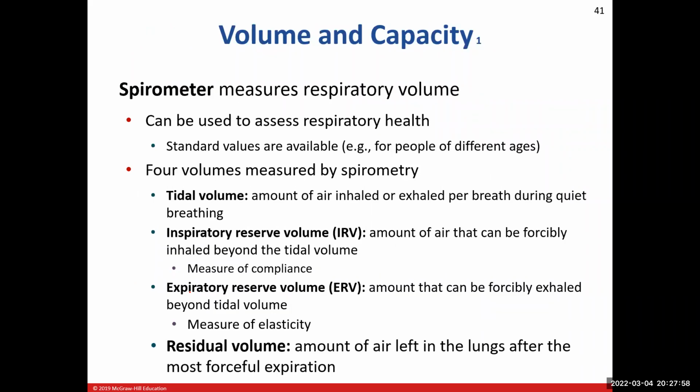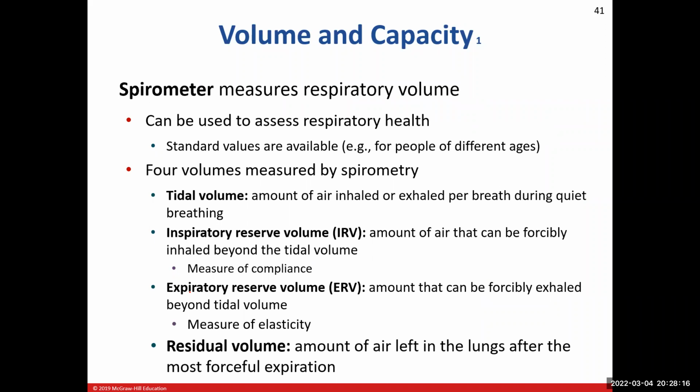All right, this brings me here to our spirometer. This is a fun device. Actually, that's me dripping sarcasm as I say that. I've had to use this device many times. Basically what it does is it's going to measure our respiratory volume.